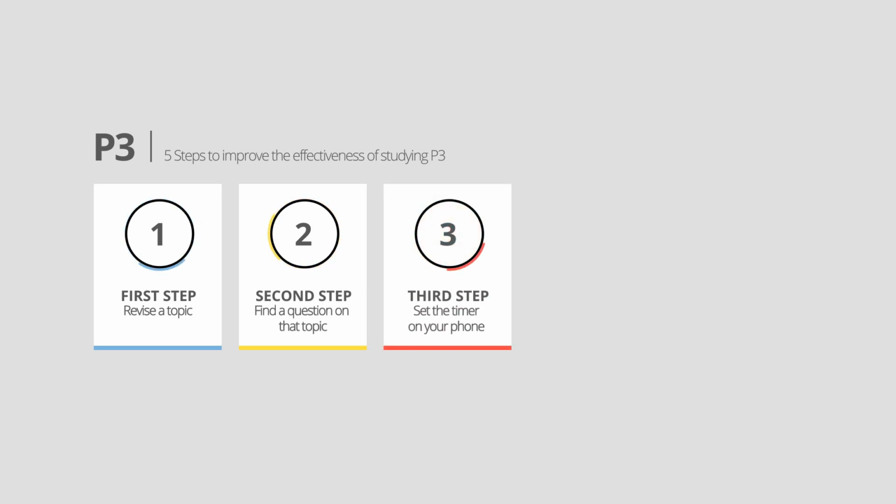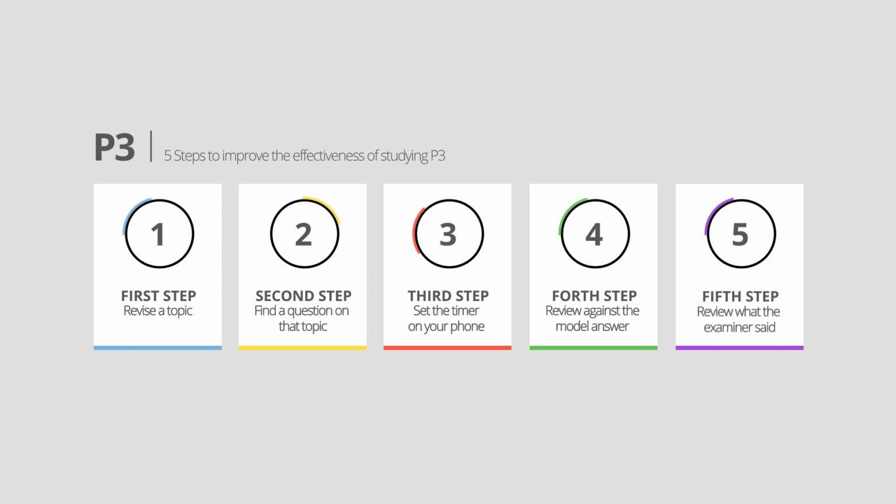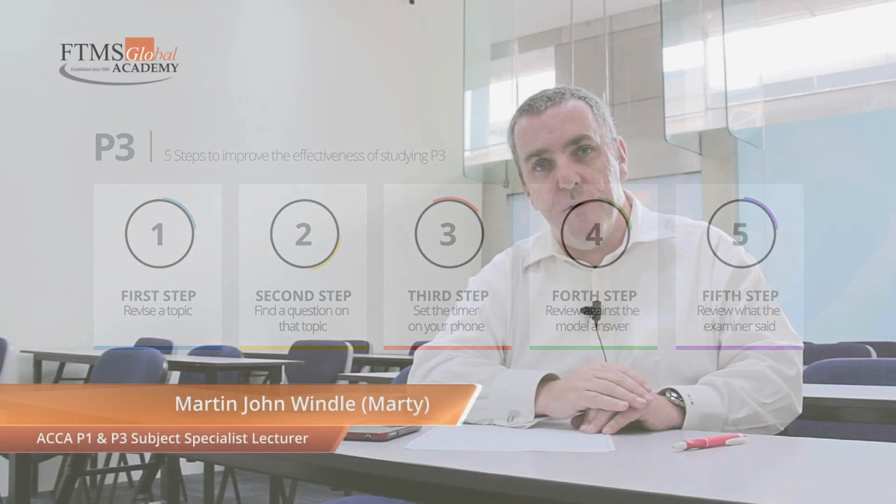Step 3, set your timing up. Set your timer, set your countdown so you're practicing in exactly the right time. Step 4, compare your answer to the model answer. Find out what you didn't include, identify where you were lacking in your answer. And step 5, check out the examiner's report, look at what mistakes students made on that answer and try and avoid them in the future.